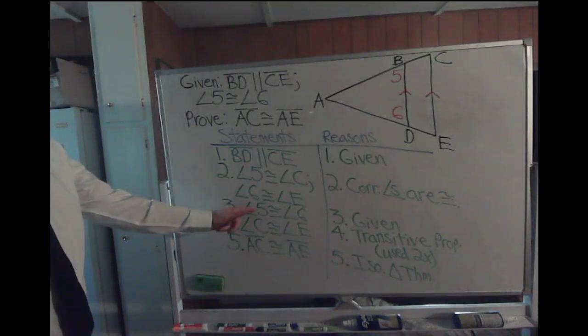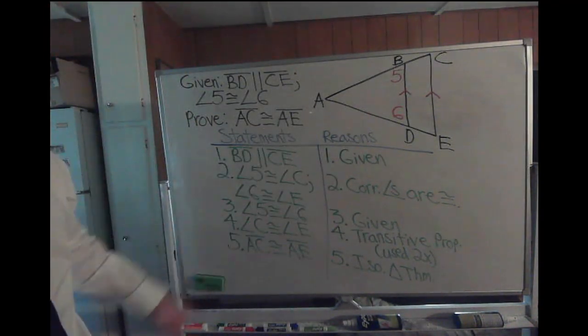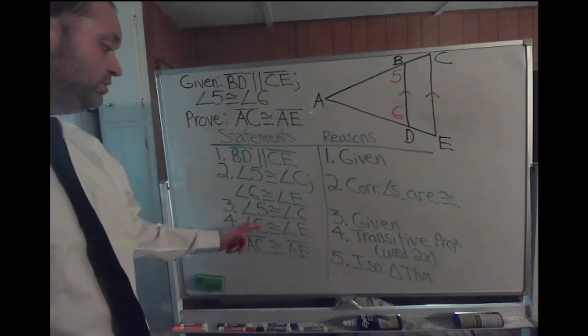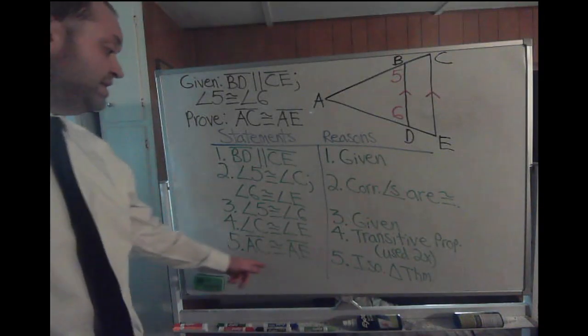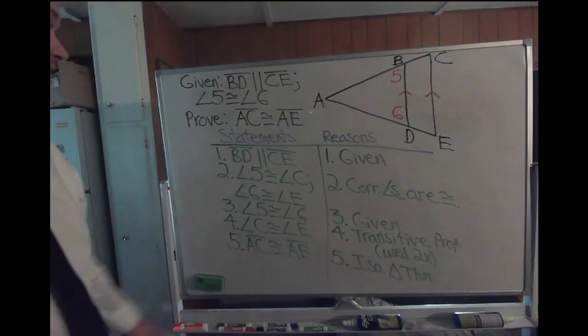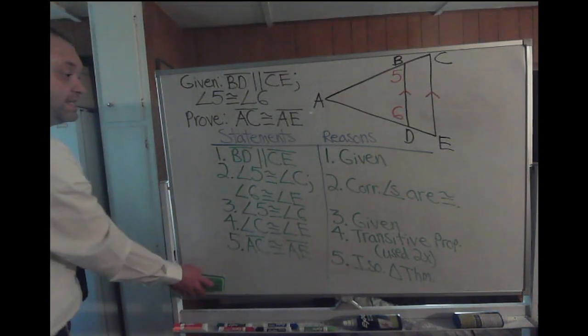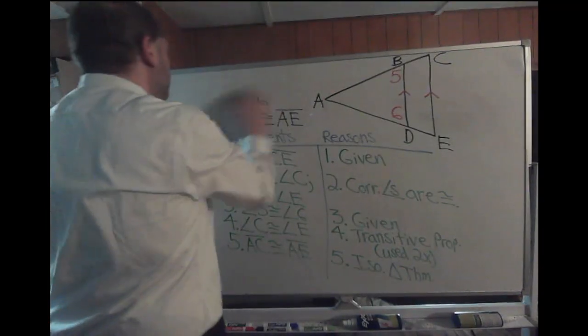And then we can use the fact that angle 5 is congruent to angle 6 because that was also given to us. And then by the transitive property used twice, we can conclude that angle C is congruent to angle E. And then finally, by the isosceles triangle theorem, we can conclude that AC is congruent to AE. So that's how we got from here to here. I got two more proofs.